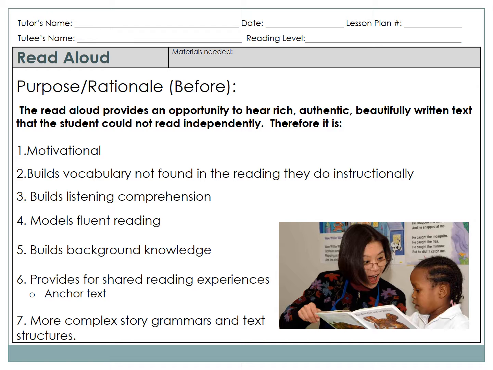Therefore, the purpose is motivational. It builds vocabulary, it builds listening comprehension, it models fluent reading, it builds background knowledge, it provides an anchor text for a shared reading experience, and it also exposes students to more complex story grammars and text structures.